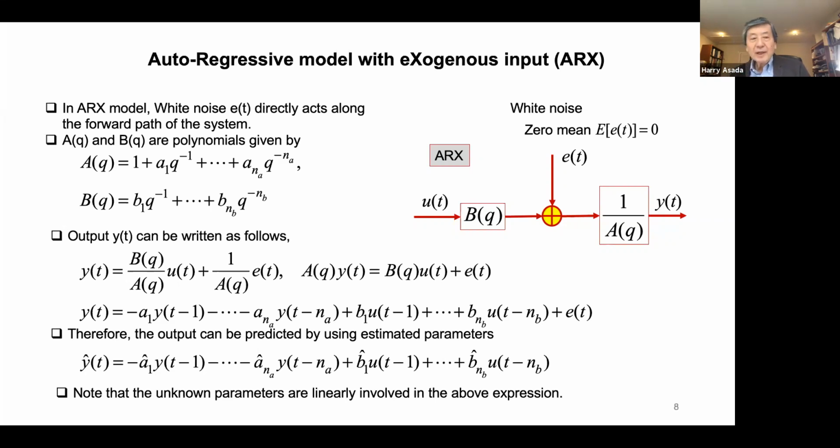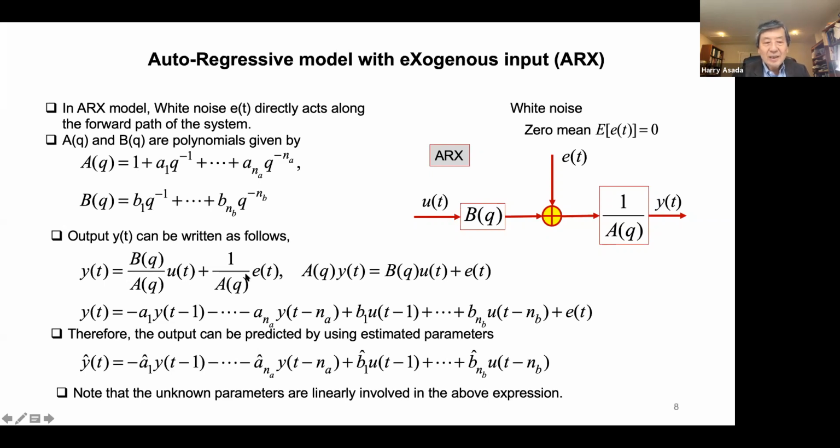So, the ARX model, as I showed before, ET comes into this and then goes through the process, okay? So, A(q) and B(q) are polynomials, like this. With B(q), we start with B1 q^-1, and then A is starting from 1, okay?